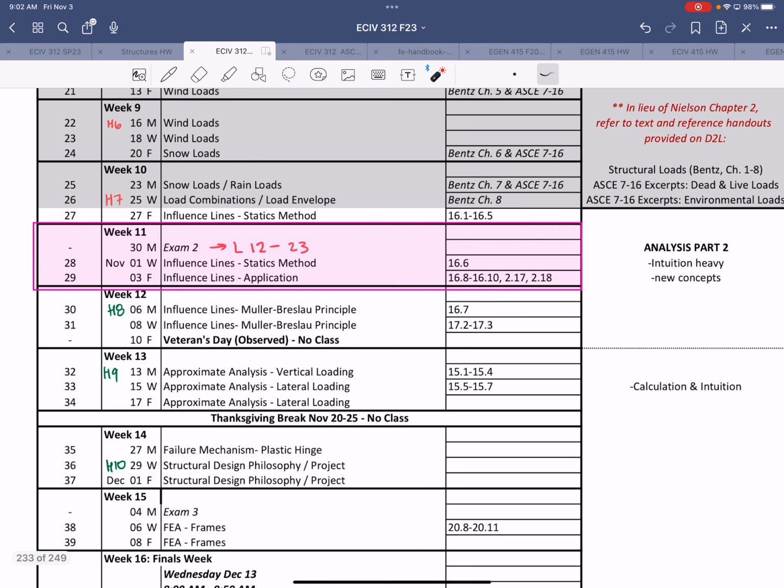So if you've been following along in the textbook with the assigned readings, then you have read at least through section 6 of chapter 16. We're going to skip section 7 for the moment because section 7 is the Mueller-Breslau principle, right? That one's long, maybe the longest one in the chapter, actually. These first 6 sections are really short.